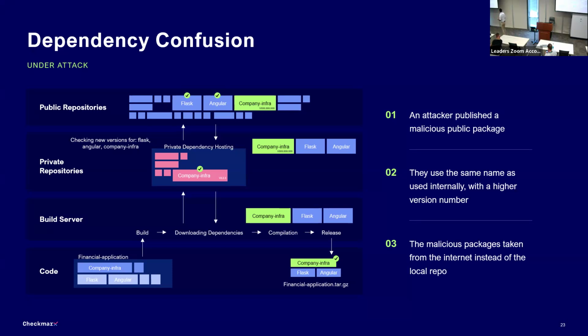Some of this requires checks in place so you prevent this from happening, which again, can be easily prevented, but there needs to be clear understanding on this process. So in this case, company infra was injected into the build server with the wrong version, and now you have a malicious package sitting within your application, and without much inspection, you may not be the wiser to that taking place.